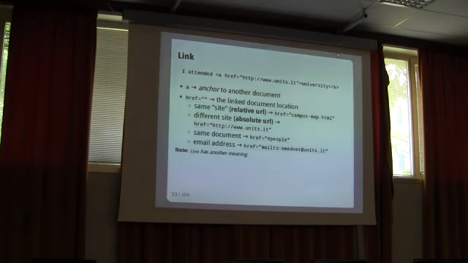Another way is specifying a different portion of the same document, and this can be achieved using the syntax hash followed by an identifier of the other part of the document. And finally, there is also a way to specify that the content of the A element is linked to the email address of someone.